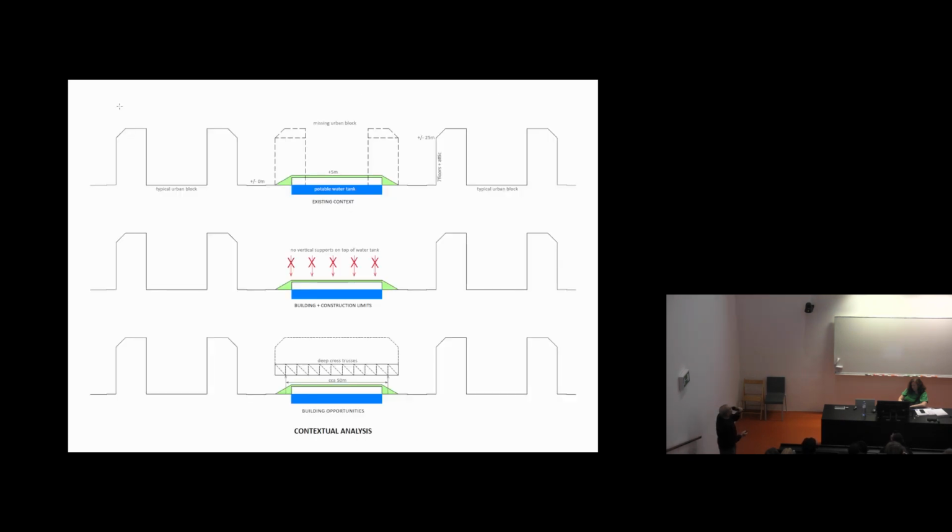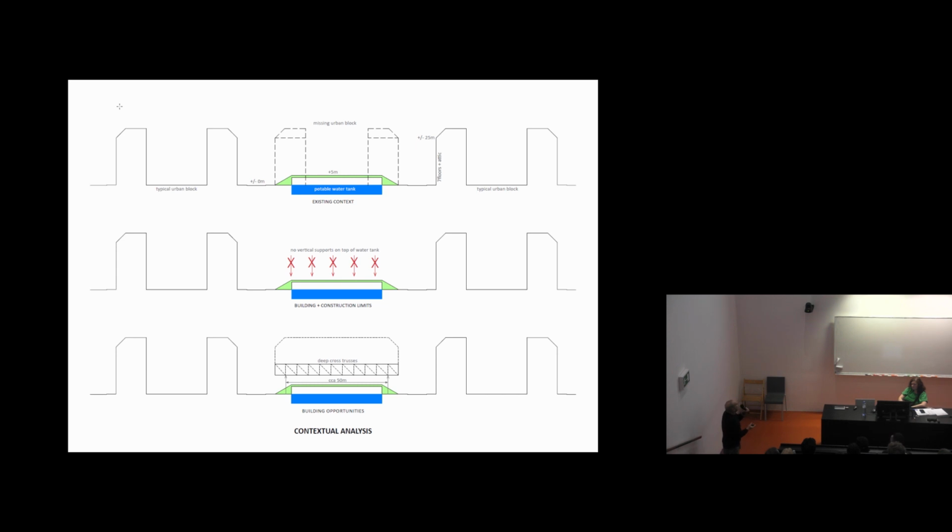So this is the cross section. At the top, we are looking to develop the urban block. On the right and on the left are the typical urban blocks for that area. The middle image shows the limitations. You cannot build on it. You cannot put any weight on it because of the water tank.